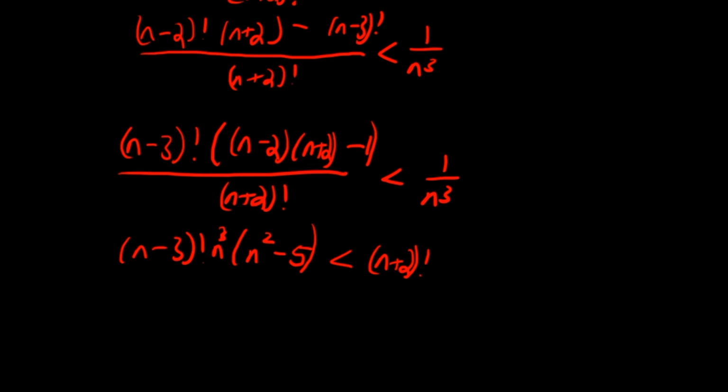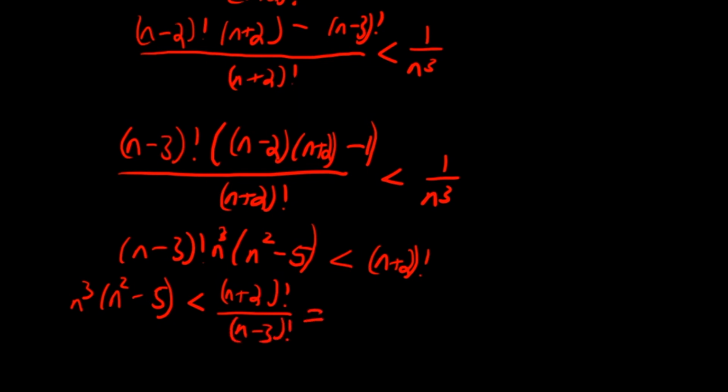So if I do that, we'll end up with n cubed (n squared minus 5) is less than, so if I write (n plus 2) factorial over (n minus 3) factorial, and this is going to be equal to (n plus 2)(n plus 1)(n)(n minus 1)(n minus 2).